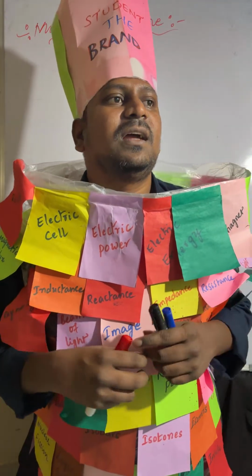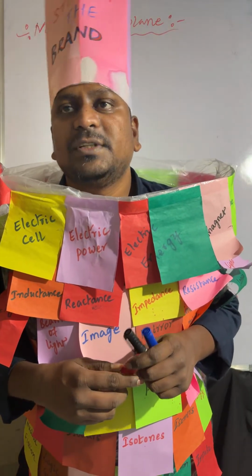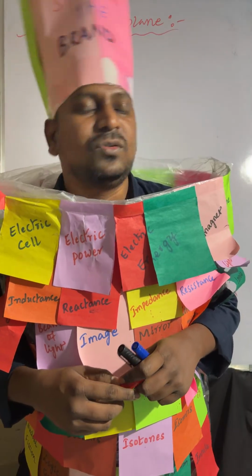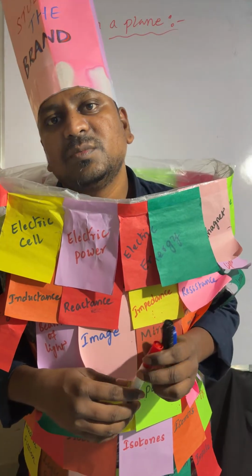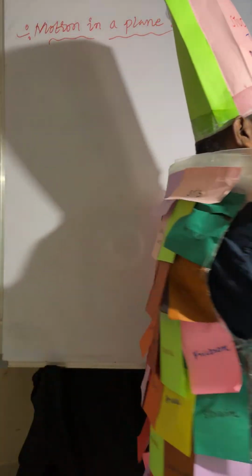So if you want to describe the motion of an object, if it requires two coordinate axes, then we can say the body is moving in two-dimensional motion. That is nothing but motion in a plane.